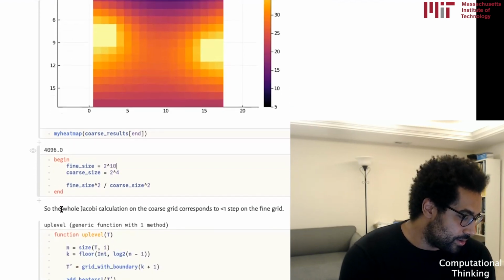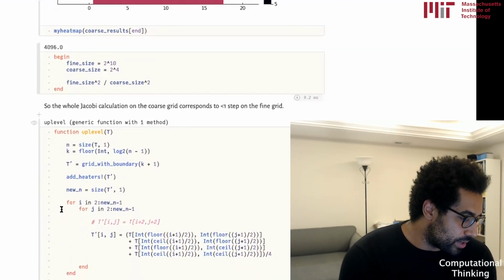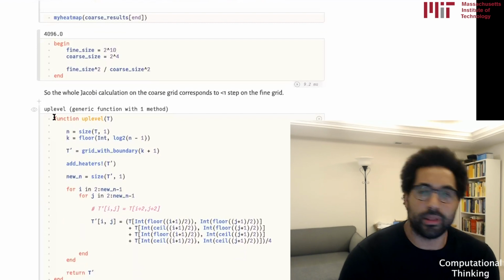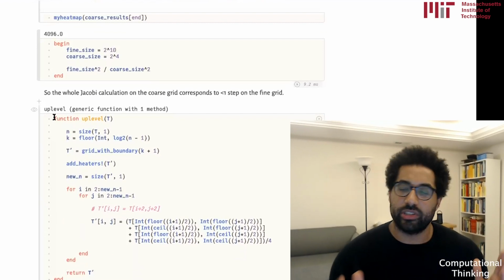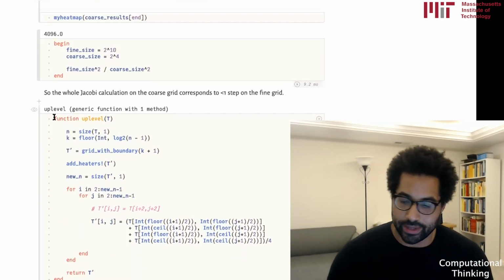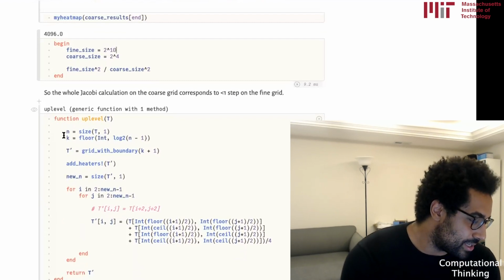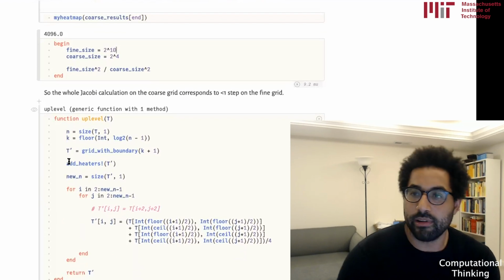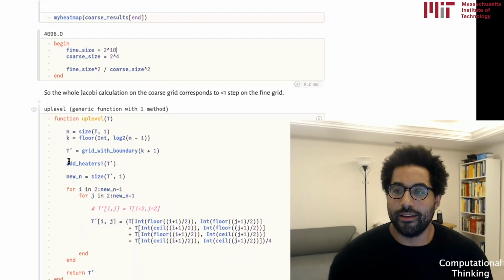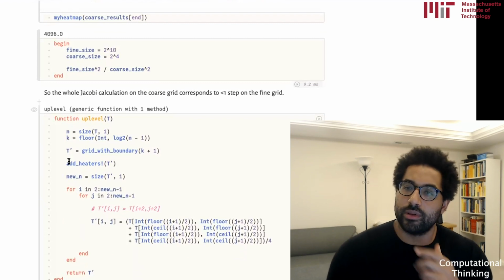The first thing I want to define is this function up level, which takes an approximate solution on some grid size, let's say 16 by 16, and maps it to a grid which is finer by a factor of 2 in the number of rows and a factor of 2 in the number of columns.